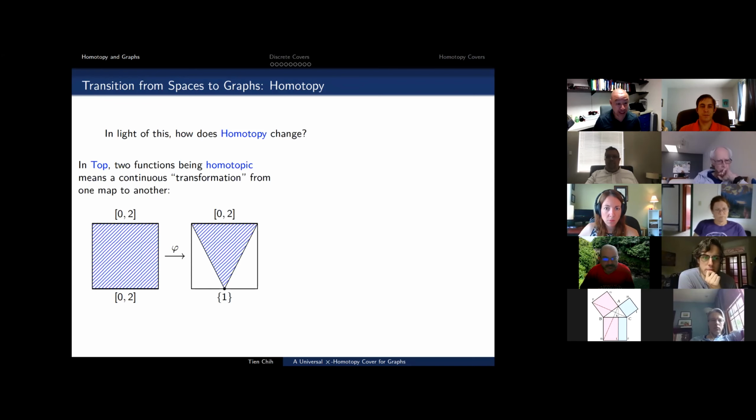In topology, two functions are homotopic if you can continuously transform one of the maps into the other. So we have maybe 0, 2 crossed with an interval, and if we restrict to the very top, we get this inclusion. If we restrict to the very bottom, we get this constant function, and then there's this continuous process.